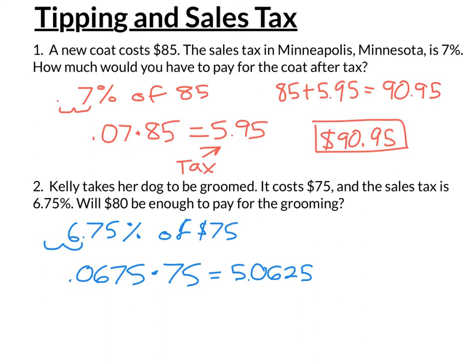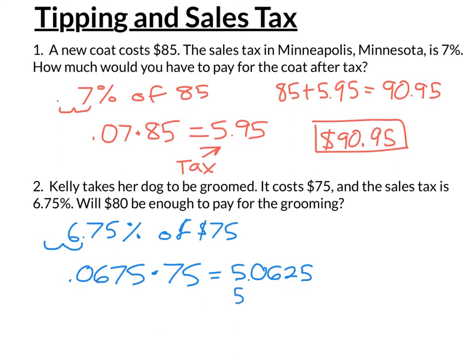Now, since we're talking about money here, we always round to the nearest cent, or the nearest hundredth, the second decimal place after the decimal point. So we need to look at this 2 here to tell us what to round that 6 to. Because 2 is 4 or lower, we're going to keep this at 5.06.